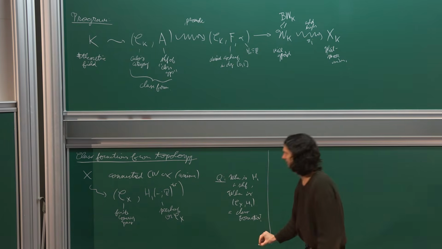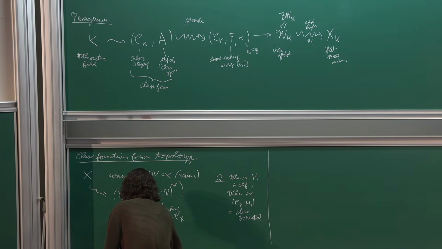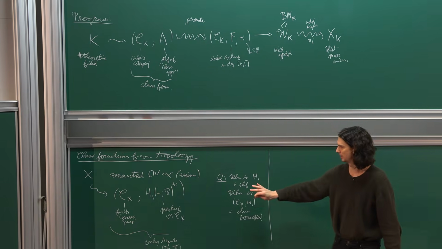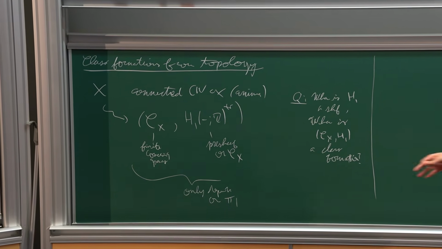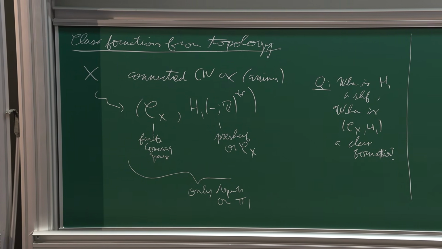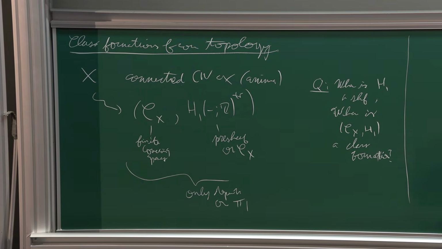First of all, a remark. So far, all this data really only depends on pi 1. But we will see that okay. So now let me give at least one criterion for when this holds, and then you'll see that it's not very broadly satisfied, so it's not so interesting. And then I'll describe a modification of this story, which will have more interesting examples.